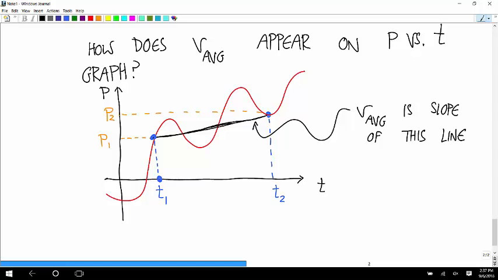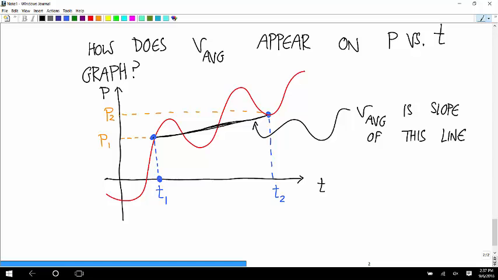Okay, so you can see on a graph the average velocity as the slope of that line. And if that slope is counterclockwise from the horizontal, like it is in this picture, then that slope is positive.